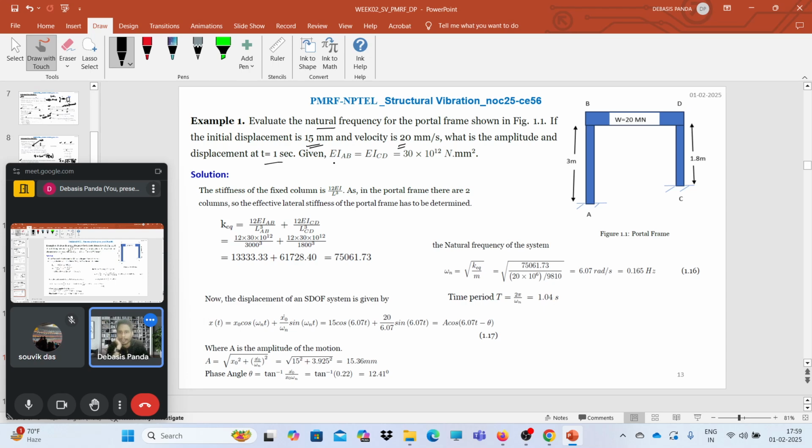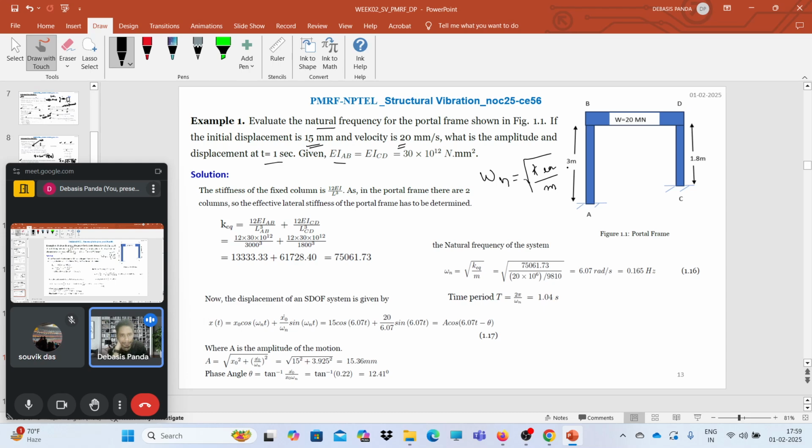Given the flexural rigidity of columns AB and CD is 30 into 10 to the power 12 Newton mm squared. So what do we need to do? First, we need to find the natural frequency. The formula for natural frequency is omega n equals the square root of k equivalent by m.